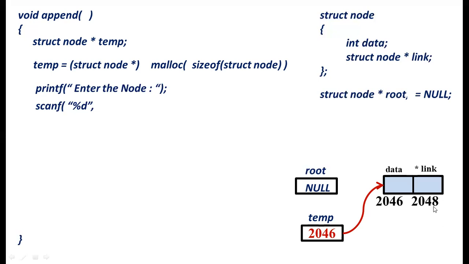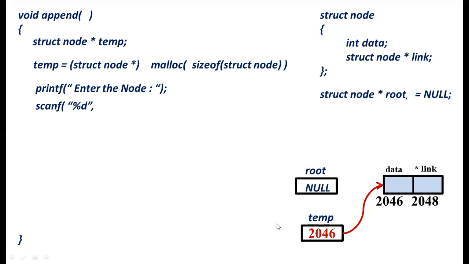For the scanf function, we need to provide the base address to read the information. So temp to data address. Whenever a pointer is pointing to a structure, we need to use the arrow operator to read the elements, which is nothing but to process the elements.